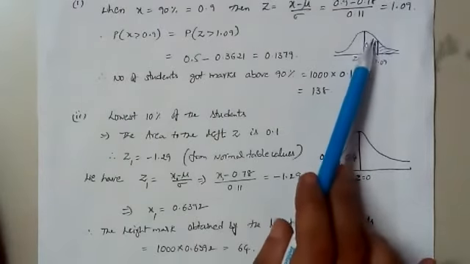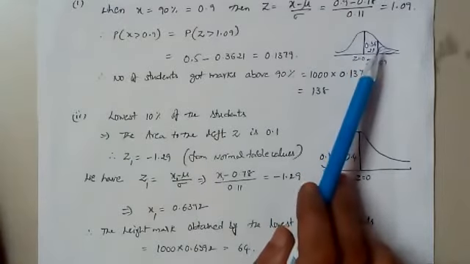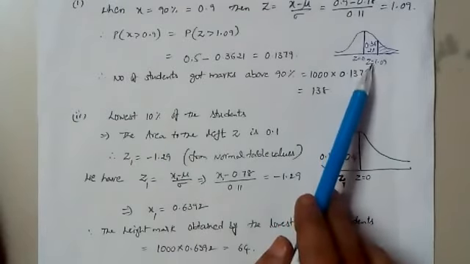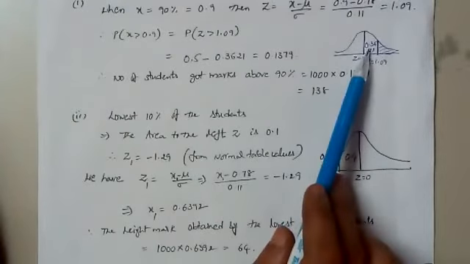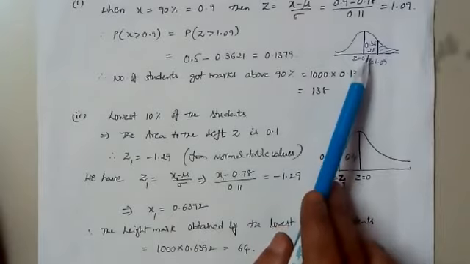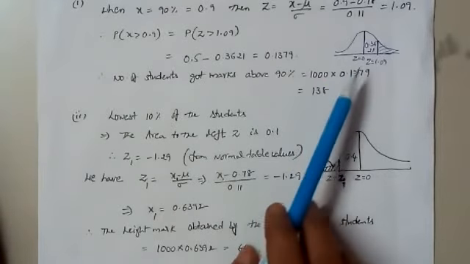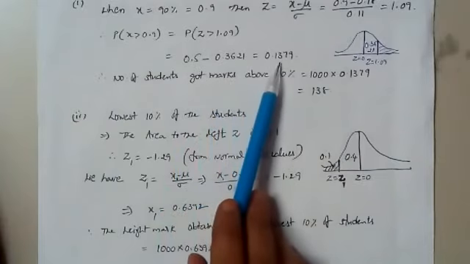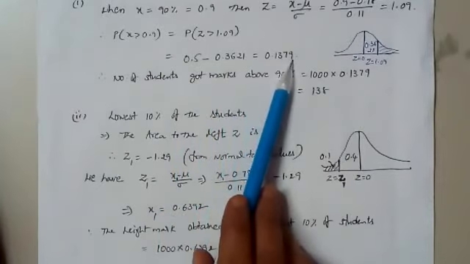As you know, half of this normal curve is 0.5, and from 0 to 1.09 the area is 0.3621 from the table values. So by subtracting these two you will get the shaded part, 0.1379.